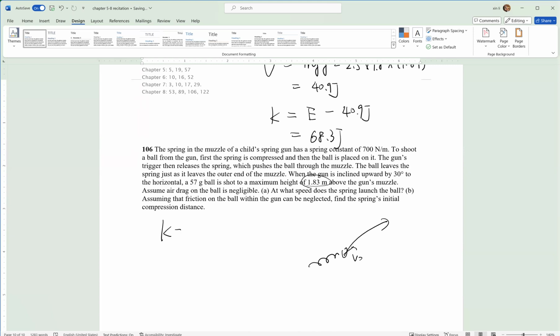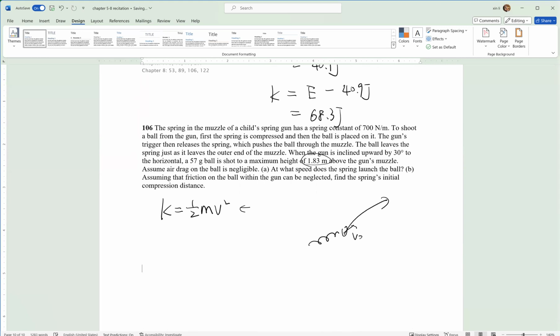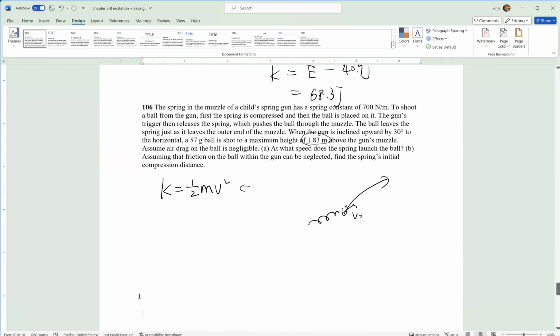So we should have K equals 1/2 mv squared. And this is due to the spring. So do this. At the initial launch, so here, this point, initial, we are going to have K initial will be equal to 1/2 mv initial squared, and the U initial will be equal to 0.